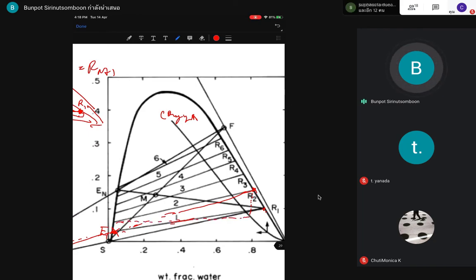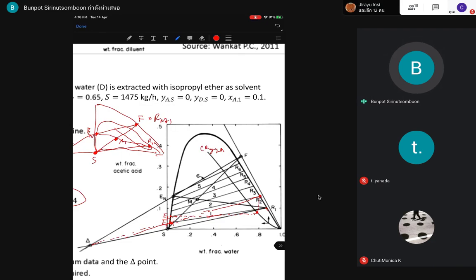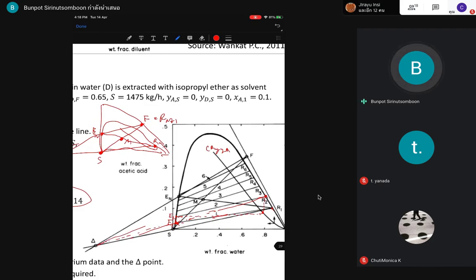Okay, so from R2 to the conjugate line, and then go to the left to this point. So this is going to be E2 here. Then you draw the straight line through E2 to get to R3 here.